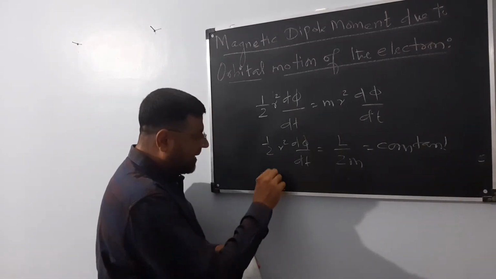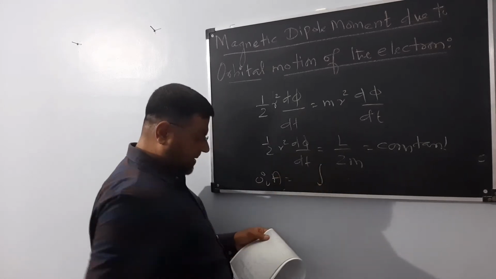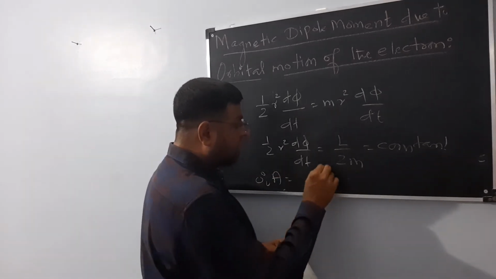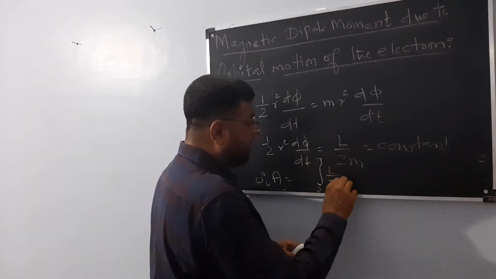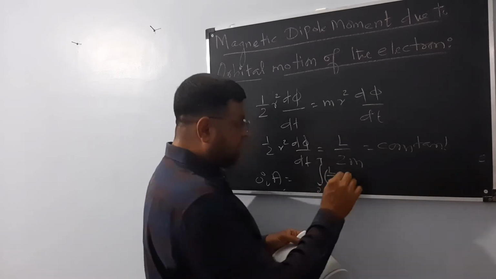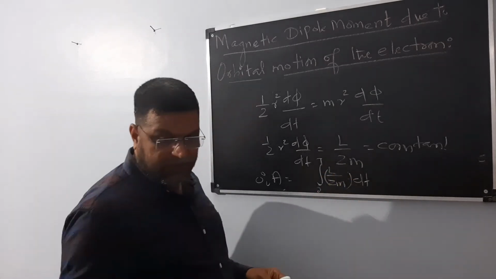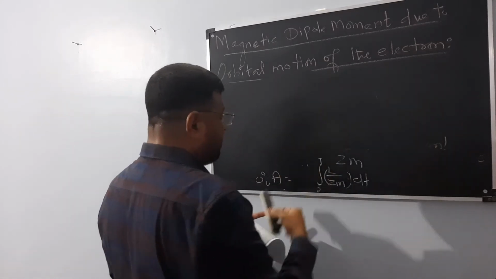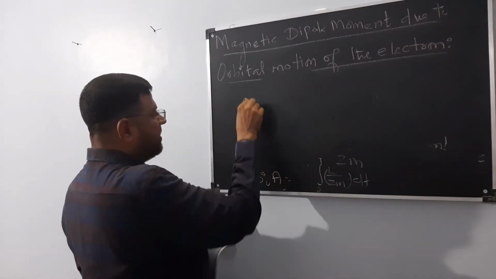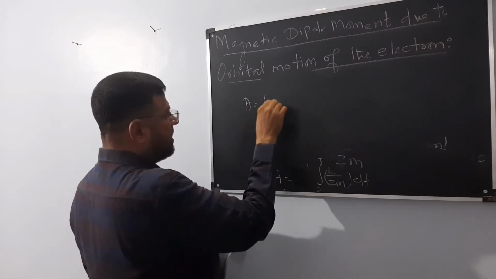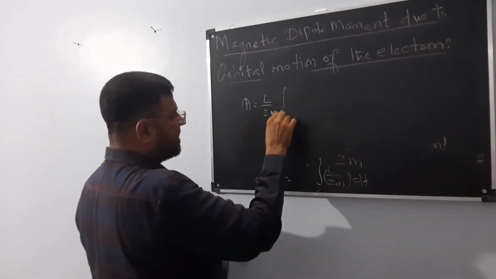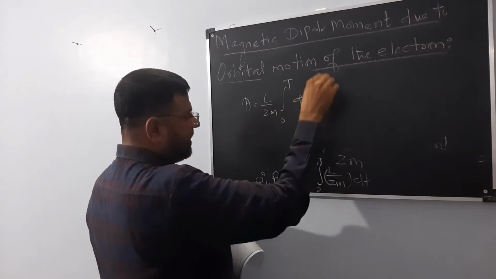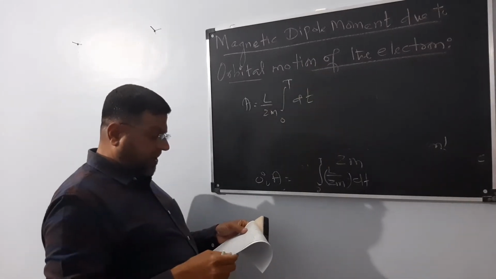Therefore, you can write area is equal to the integral from 0 to t of L by 2m times dt. Here again L by 2m is a constant, therefore we can take it out. A is equal to L by 2m times the integral from 0 to t of dt.